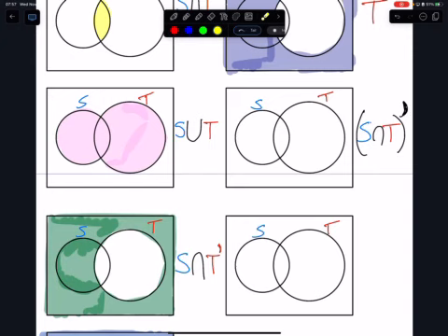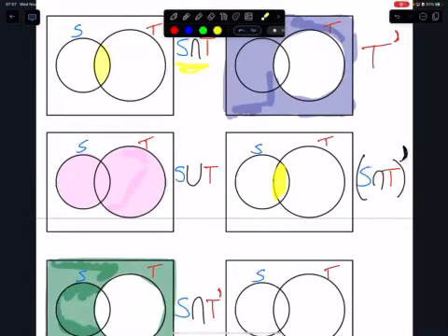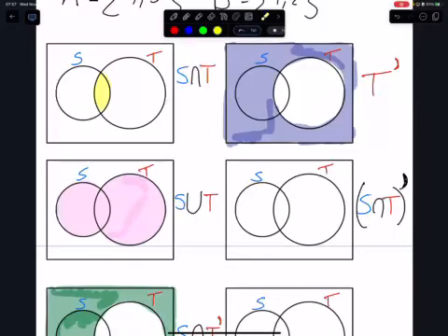Now you have apostrophe. That means everything that's not intersecting with S and T. So everything else.